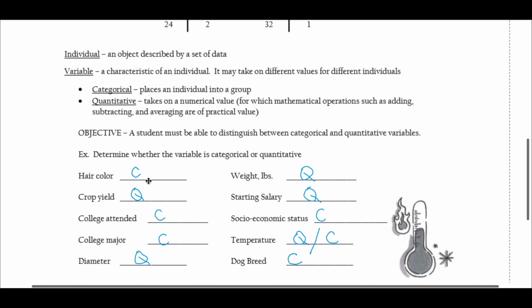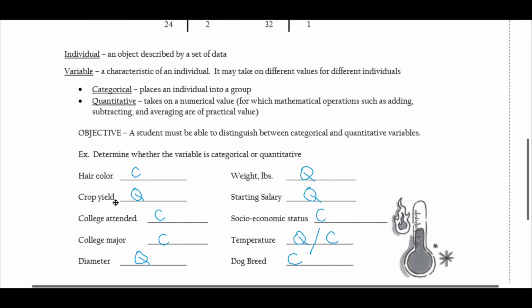It's impossible. Crop yield is quantitative because you can actually use numbers to measure the crop yield amount. College attended is also a categorical variable because there are different types of colleges. And college major, same as the previous one, is also categorical.